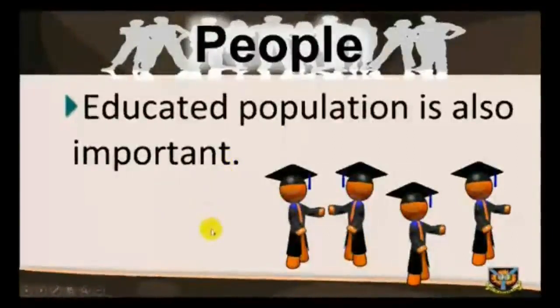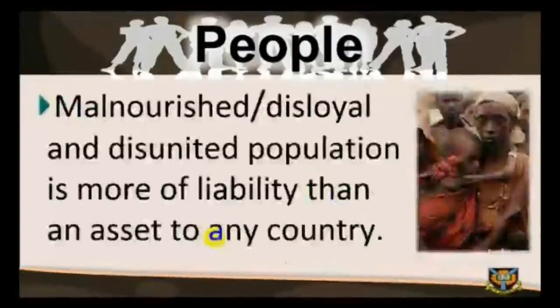However, the fact that a country has a large population does not mean automatically that it is powerful. Otherwise, countries like India should have been more powerful than America. Also, a malnourished population or a disloyal and disunited population is more of a liability than an asset to any country.